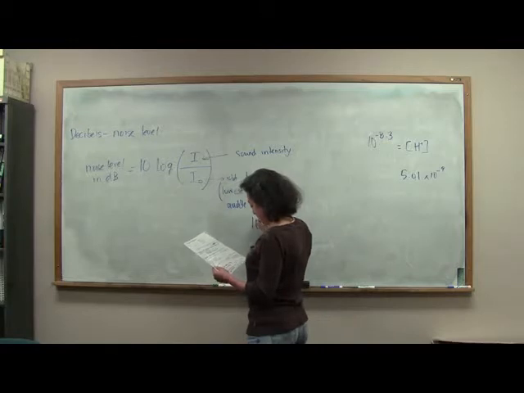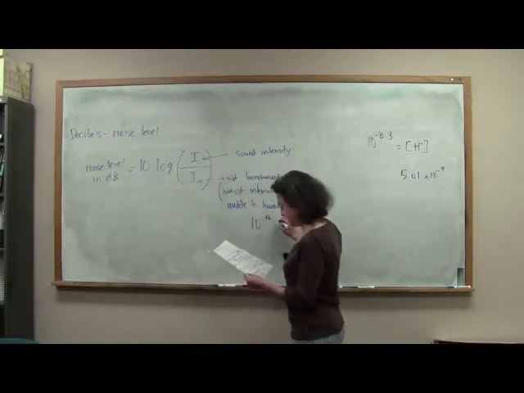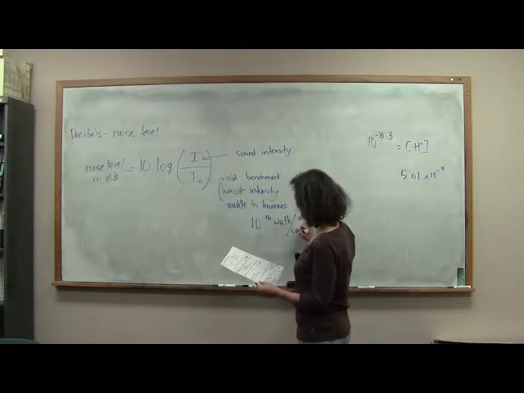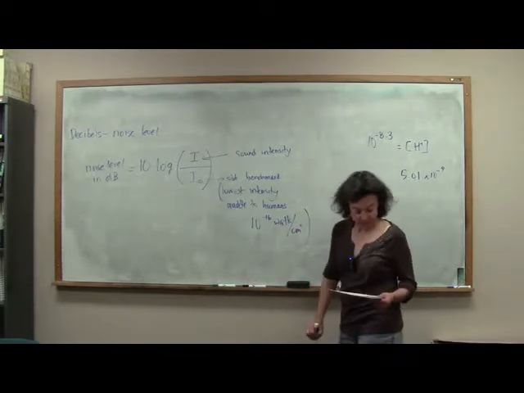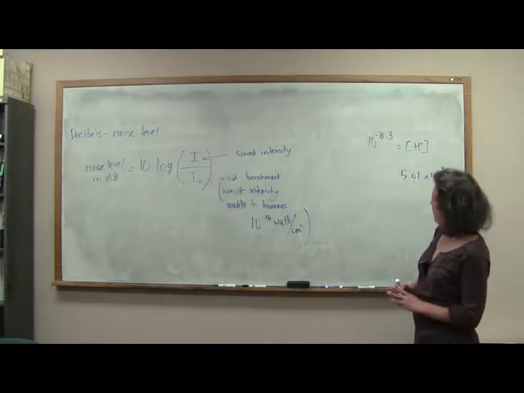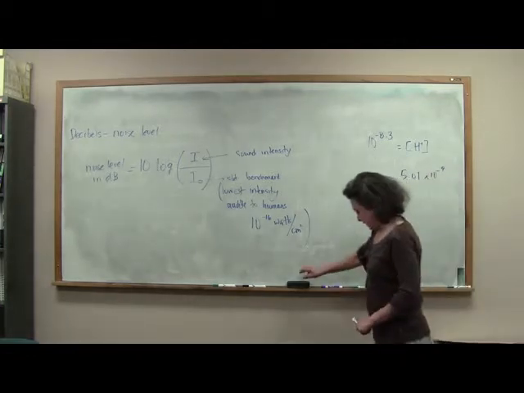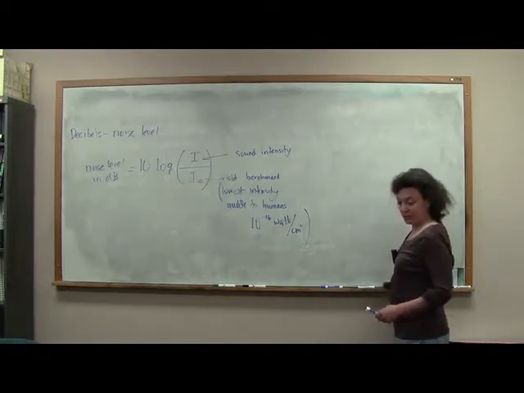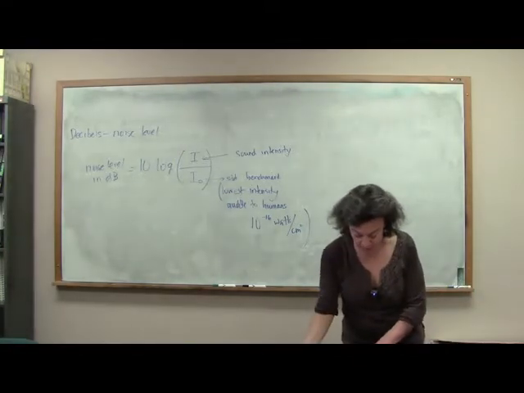In case you care, it's 10 to the negative 16th power watts per square centimeter. All right. Again, don't stress about this formula at all. Let me just show you a quick example.